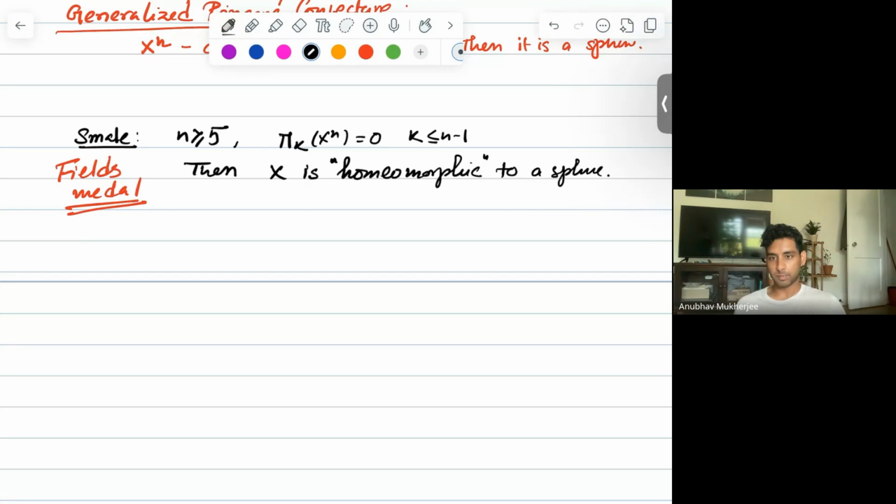He developed some groundbreaking theory in order to prove this. Actually, I'm twisting the history a little bit, but anyway, this is what he proved: that it is homeomorphic. But then you could also ask what happens in the diffeomorphism category. Is it diffeomorphic? This is where the next theorem comes.